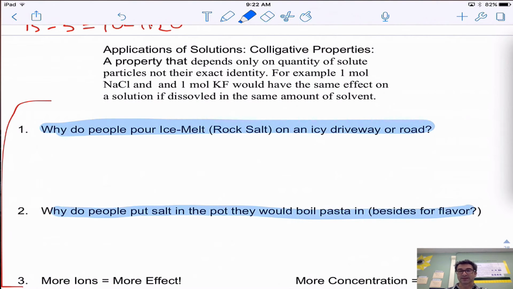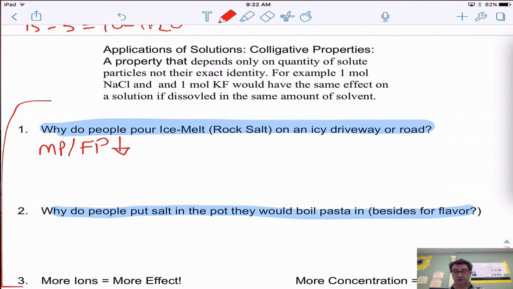The idea is that by adding solute to the solvent, we change the properties of the solvent. When we add a solute, the melting point or freezing point will actually go down, it will decrease.